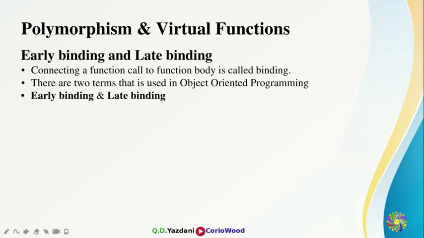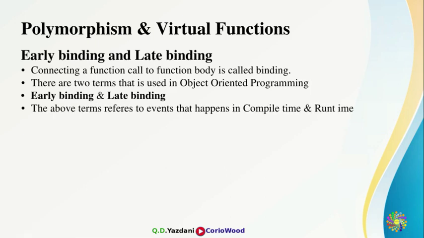So keep in mind that there is another term for early binding: we call it static binding. Late binding is sometimes called dynamic binding. Early binding and late binding are just terms, like parent class or child class.